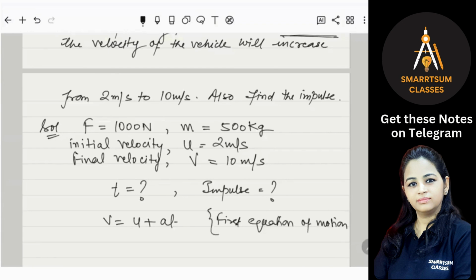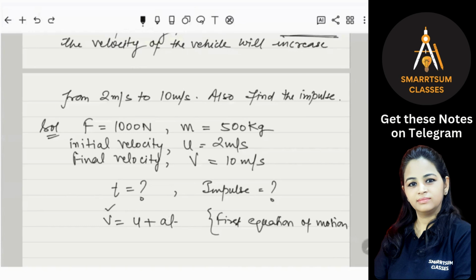Alisha, yes or no? Now look at this. Here we have to find out time. v is given, u is given, but a is not given, and t we have to find. So both are variables. So to find time, we need to first find the acceleration, right?